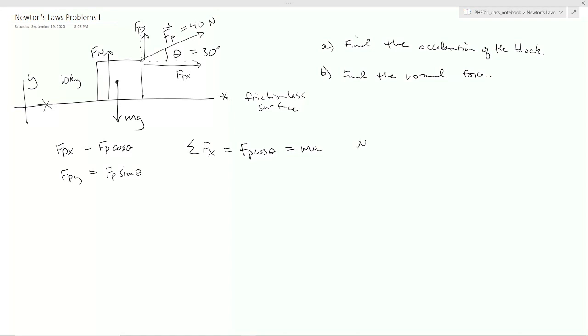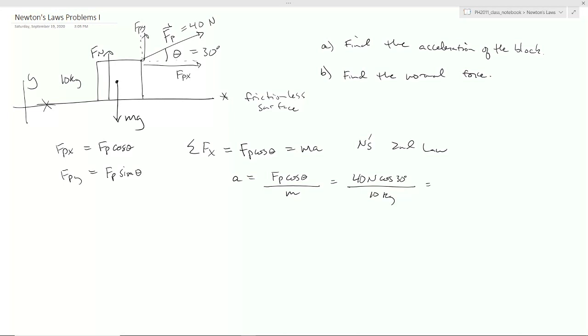This is, of course, Newton's second law. Now we're dealing with a situation where this thing is not at rest. It's going to move. So we could solve this for the acceleration: Fp cosine theta divided by the mass. We can put in our numbers here: 40 newtons times cosine of 30, over 10 kilograms.